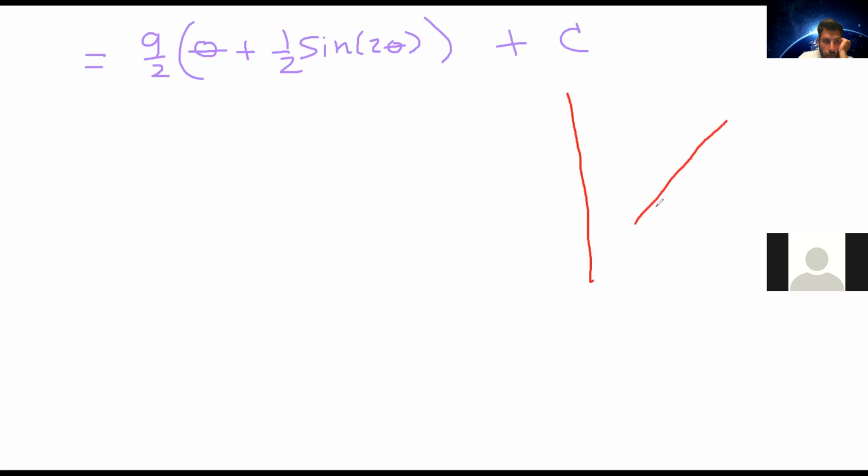So if I draw a triangle that illustrates my original substitution, what was my original substitution? It was x equals 3 sine of theta. So I can get that by putting a theta here. And sine of theta being x over 3 means this.